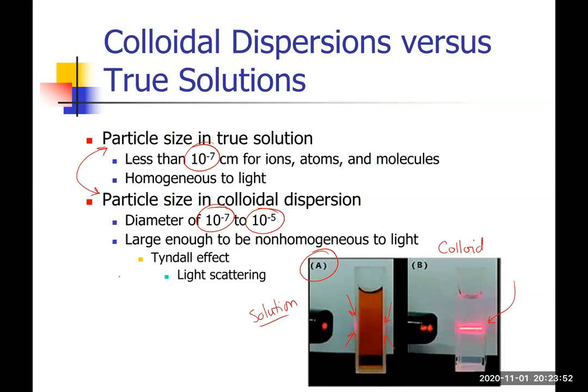So those folks who are looking at the 10 to the minus 7 are going to say that a colloid is homogeneous, and they're going to say that the particles do not settle out over time.